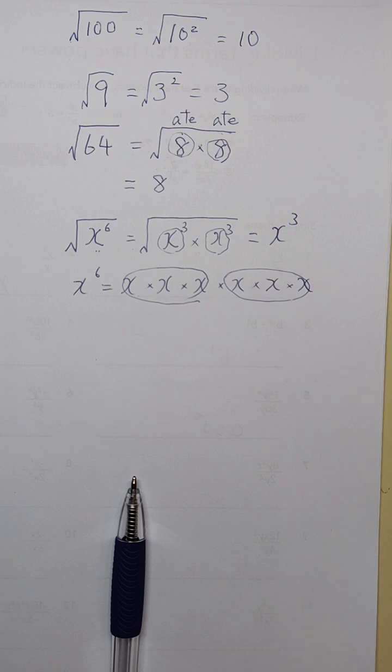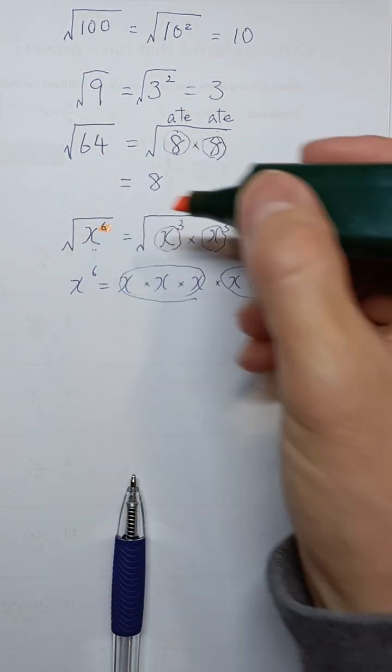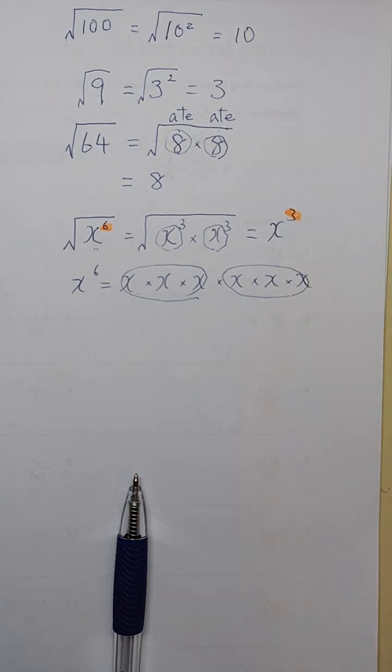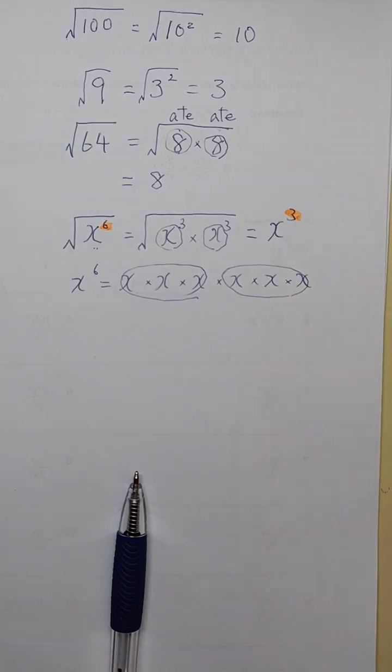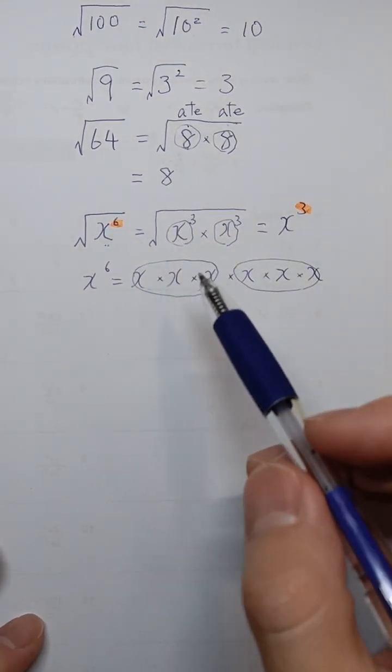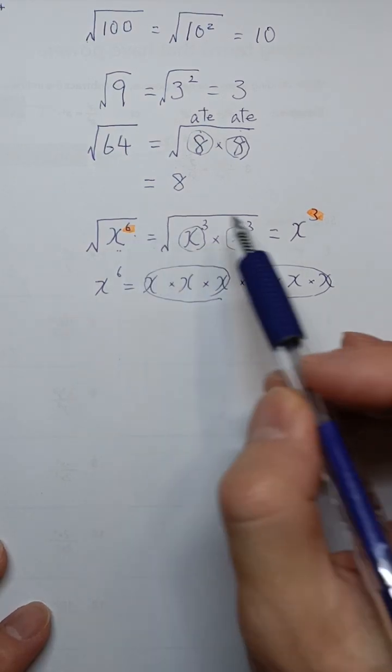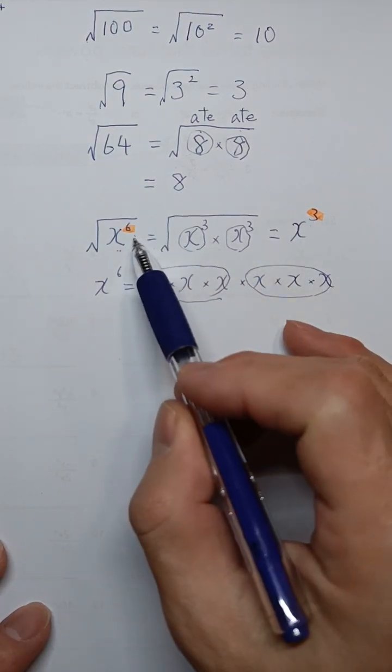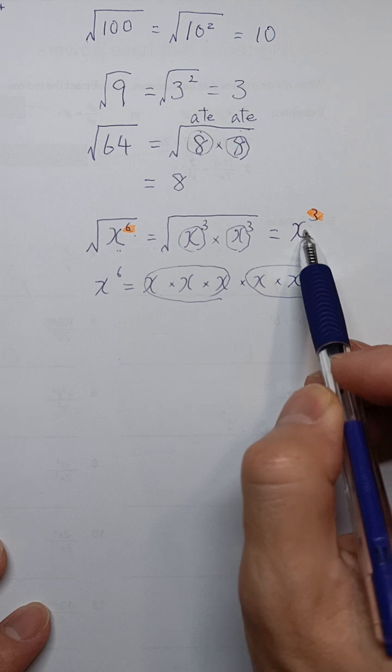Then I would like you to look at these index numbers, right? Can you see the relationship? What's going to happen from here to here? It's obviously half, isn't it?